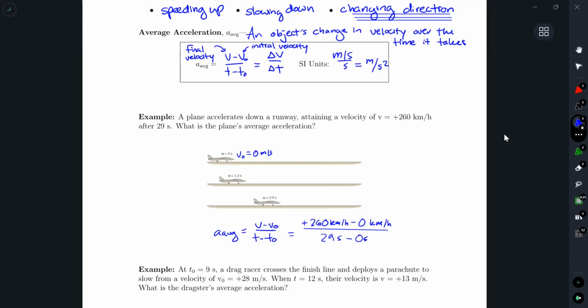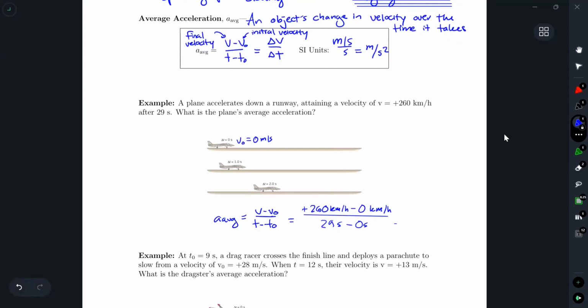So yeah, it wasn't stated that my initial time was 0, but if nothing's telling you otherwise, you can always assume that because in a sense, you're the one choosing where you start your stopwatch. That will come out to, if we just divide as is, 9. What are my units here if I leave it this way?